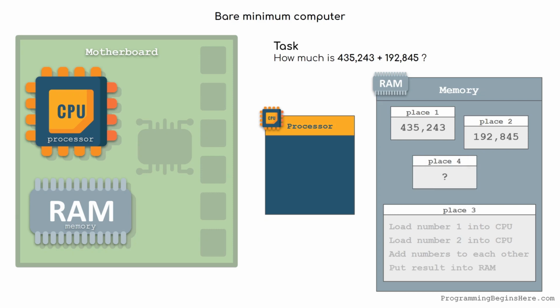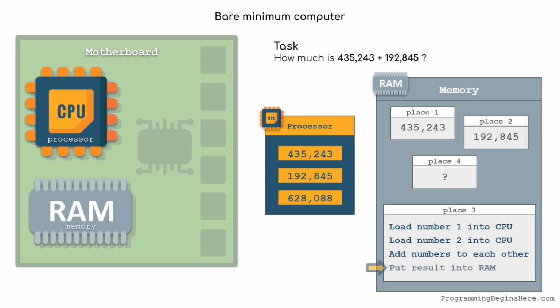After that, we would need to instruct the CPU to execute these commands, and the CPU will execute them one after another. After the CPU finished this program, the result would be in the desired place in the memory.